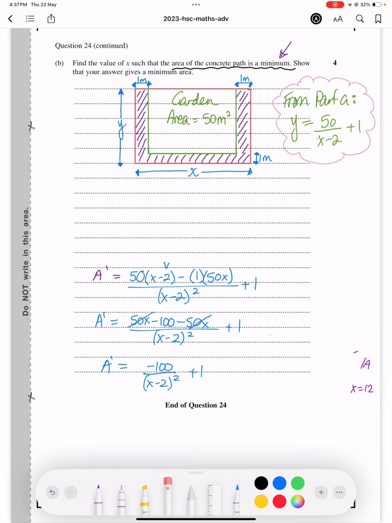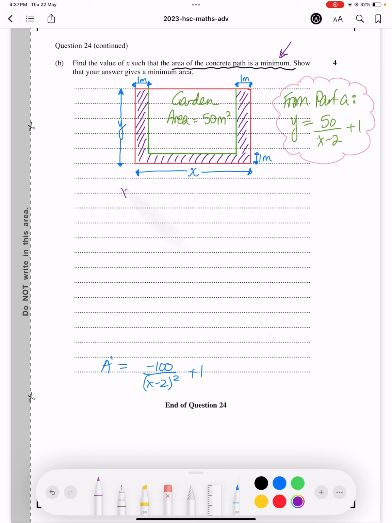Knowing that x has to equal 12, since we said that x equals 12 and that our derived equation is A dash equals minus 100 over x minus 2 all squared plus 1, the way that we will prove that this is going to give us a minimum area is by finding a double dash.